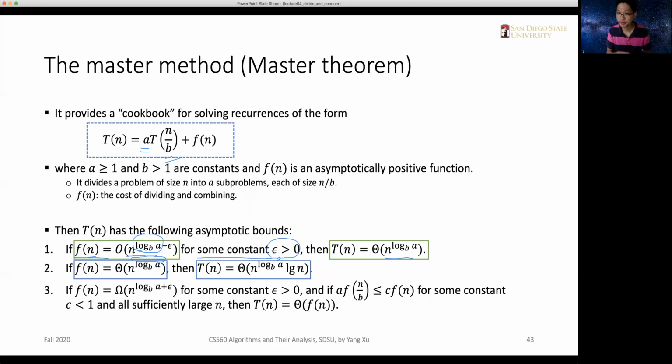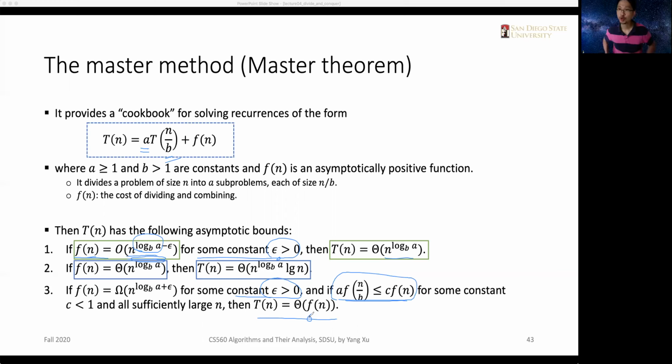That also comes with an extra detail that f(n) is polynomially larger, and some additional regularity condition here. Then the solution is bounded by f(n).